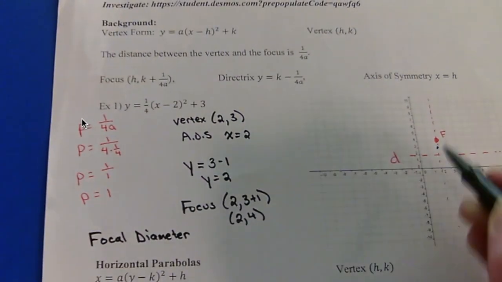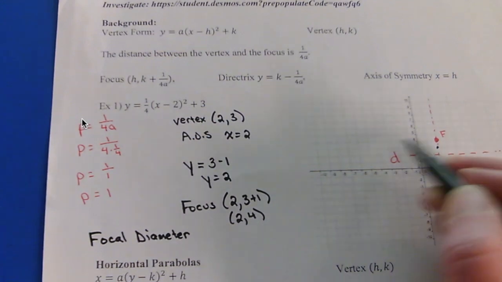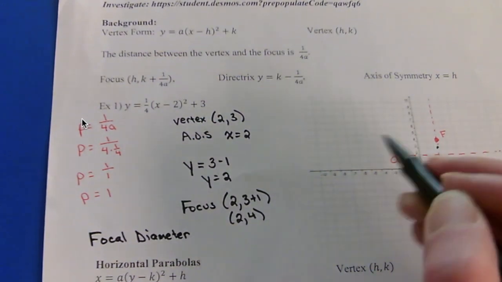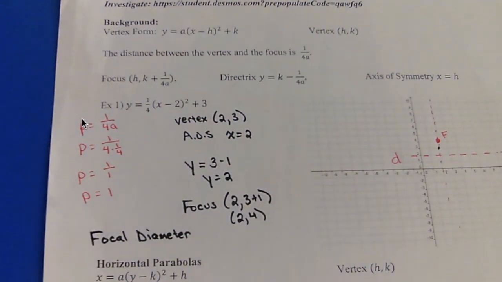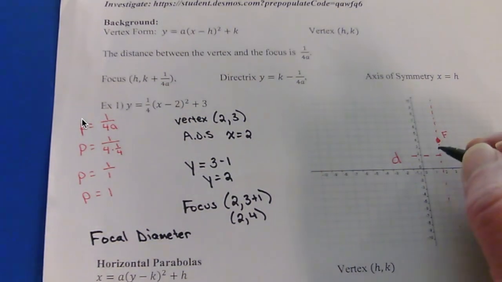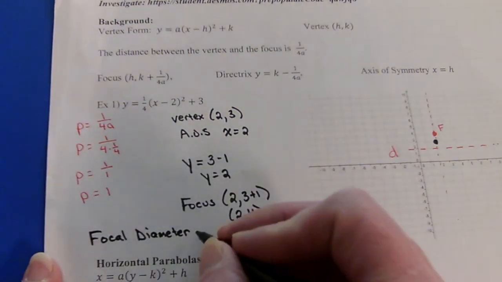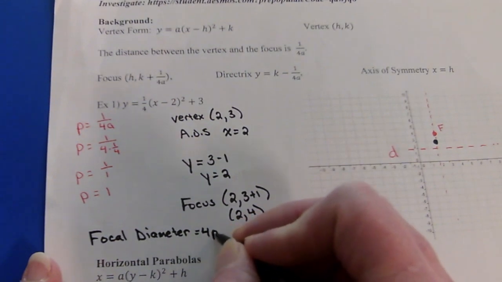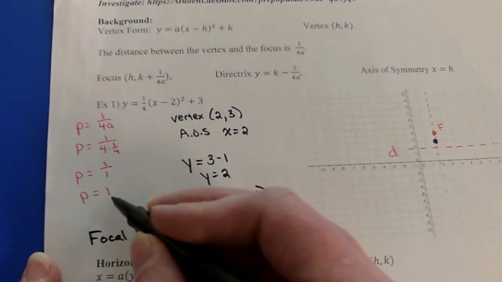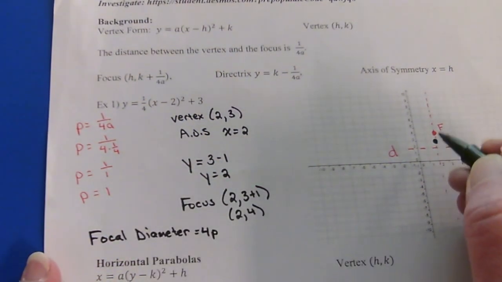And that is how far across my parabola is at the focus, how wide it is. It is 4p. So it's 4 times that distance from the vertex to the focus.